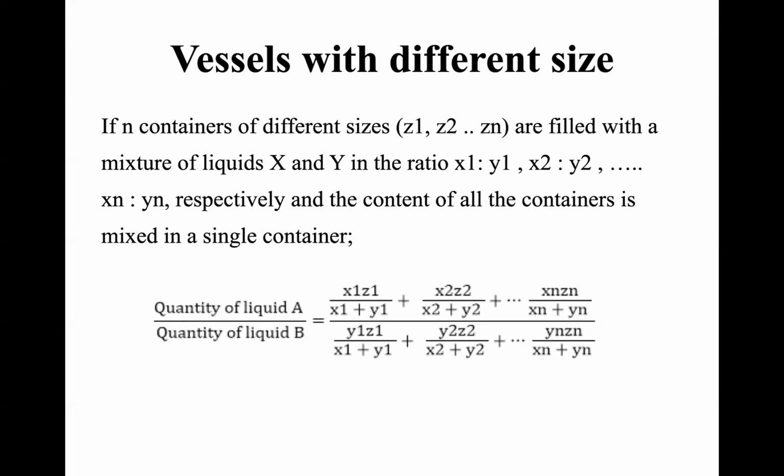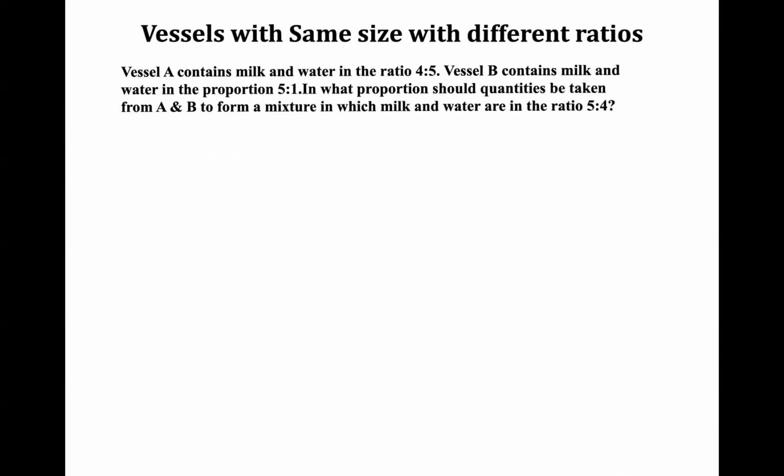Okay, so let's try to understand with one example. Vessel A contains milk and water in the ratio 4 is to 5. Vessel B contains milk and water in the proportion 5 is to 1. In what proportion should quantities be taken from A and B to form a mixture in which milk and water are in the ratio 5 is to 4?